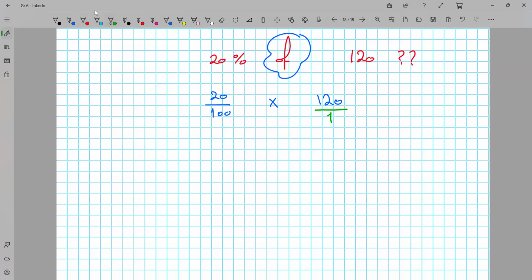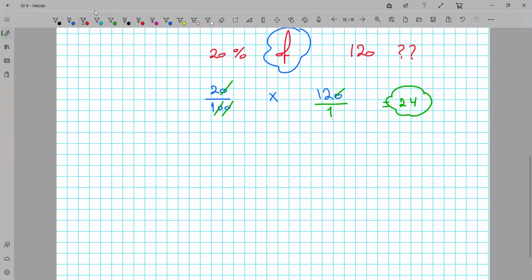So we have two zeros up, this one and this one. Can be removed by the two zeros down, as we divided by 100 up and down. So what is remained? 2 times 12, it's 24, over 1, which is 24. So 20% of 120 is 24.